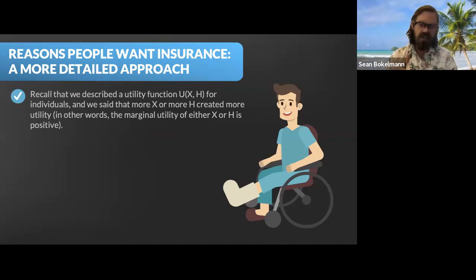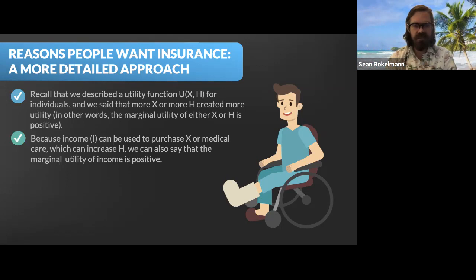And then H, which is healthcare, right? You guys remember that? And there, both of these things had positive marginal utility, right? The more X, the better. The more H, the better, right? So in that sense, marginal utility is positive for both those things.